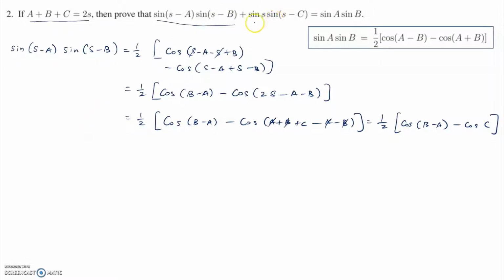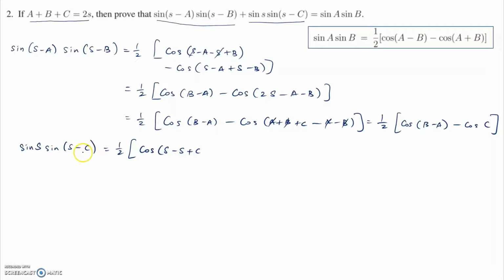Now, let us take the second part of the question, which is sin s sin(s minus c). So, again using the same formula, sin a sin b, this becomes half of cos. Now, our a is s and b is s minus c. So, a minus b would be s minus s plus c.